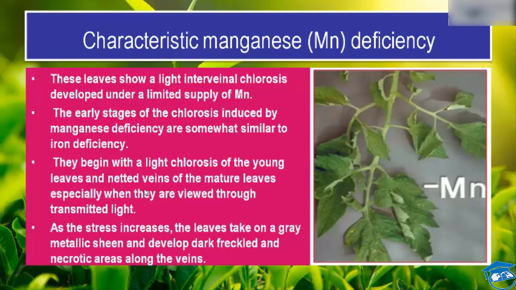As the stress increases, leaves take on a gray metallic sheen and develop dark freckled and necrotic areas along the vein. See, this is the vein, okay, this is the midrib and these are the veins. So veins form a mesh-like structure in the deficiency of manganese, and it develops dark freckled and necrotic areas along the vein. Okay, so this was the characteristic manganese deficiency.